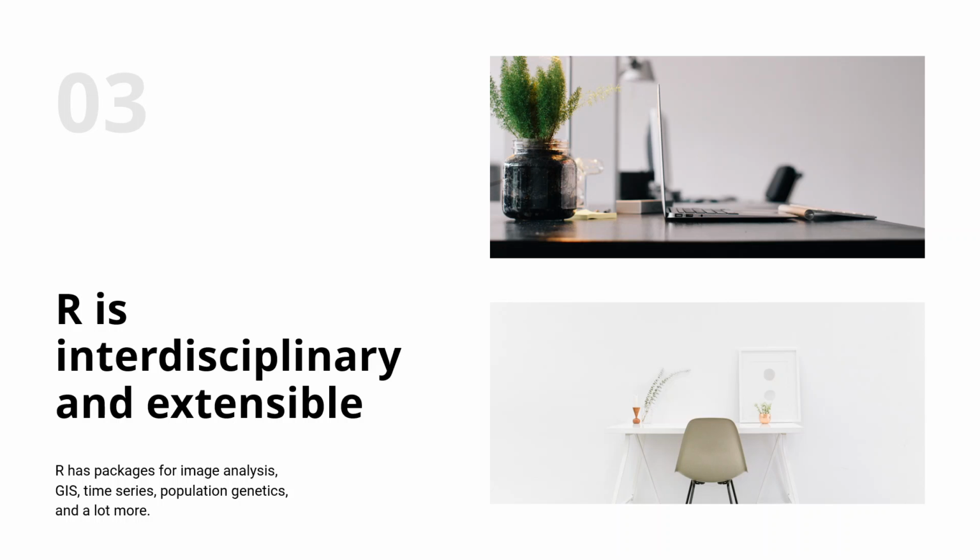What that means is that there's tens of thousands of packages that can be installed that extend the capabilities of R. Packages can be developed by anyone around the world, including you, and this allows you to combine statistical approaches to best suit your particular analyses or data. For instance, R has packages to analyze images, to look at population genetics, and anything you can think of.